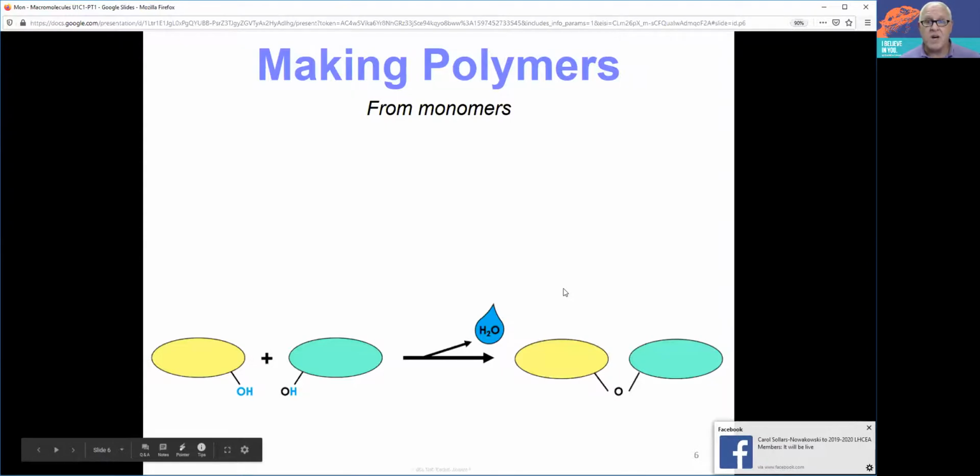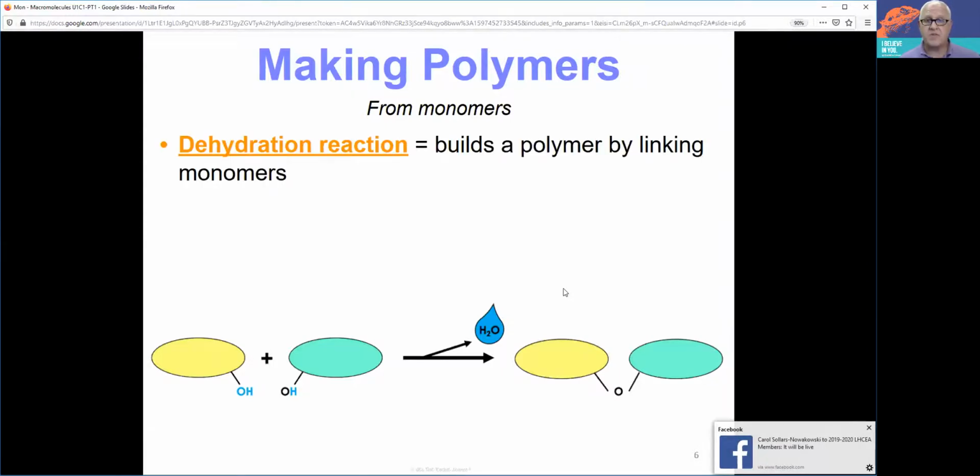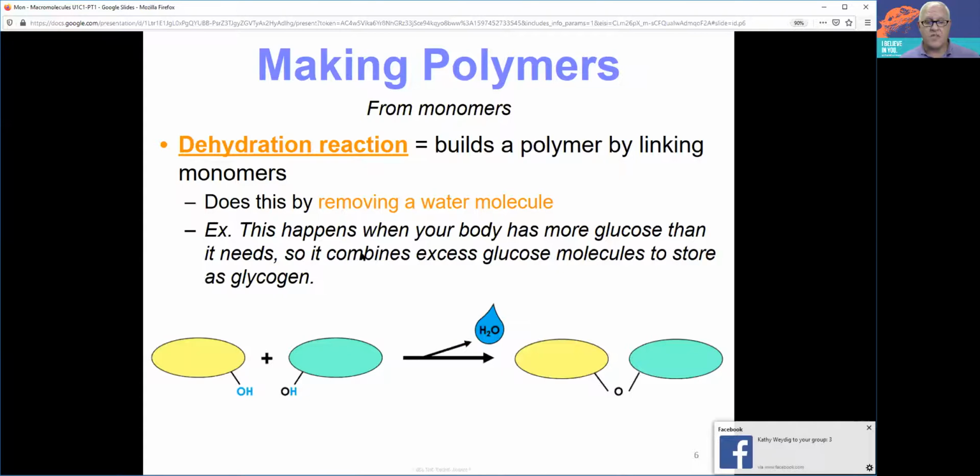Polymers get made from monomers, and it happens through a dehydration reaction that builds a polymer by linking the monomers. It does it by removing a water molecule that's in between these monomers. And so it happens when your body has more glucose than it needs, and so it combines that excess glucose molecules to store it as glycogen.